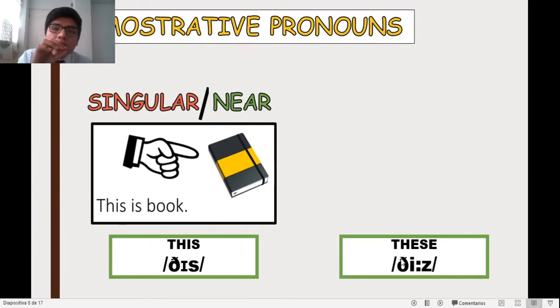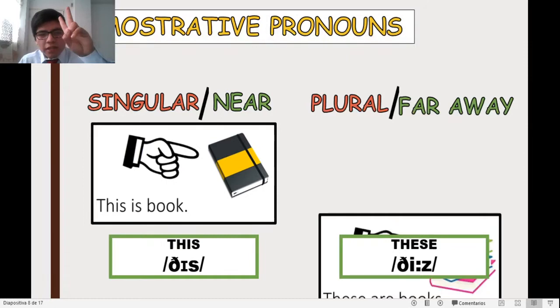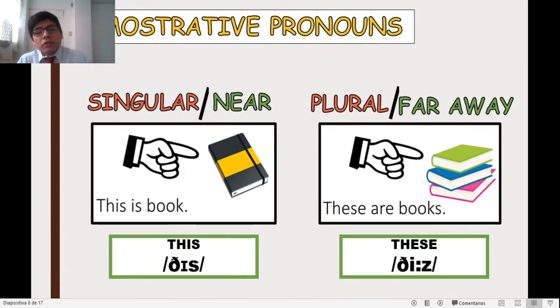This is longer than the other, so you need to pronounce it like this to make a difference. So you say these, and when do you use these? With plural, far away from you. You know that already. For example, these are books. Because this hand is near the books. But plural. Okay, this is plural.